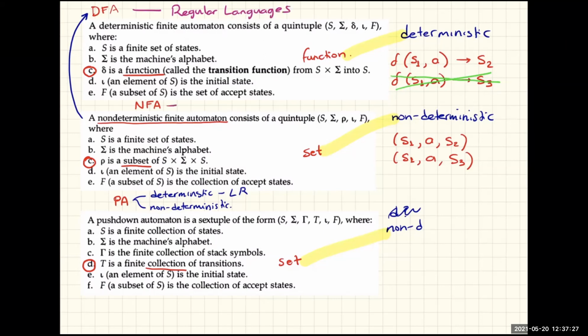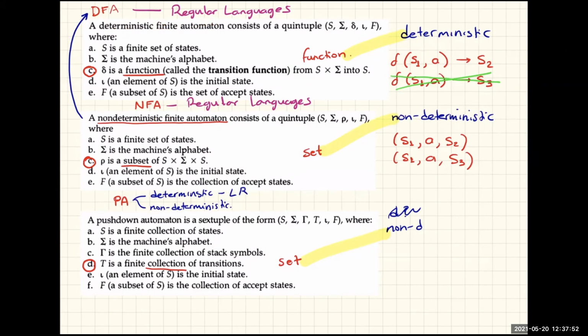NFAs recognize the same regular languages. And therefore, because you can always convert a non-deterministic finite automaton into a deterministic finite automaton, regular languages are deterministic by nature or by definition, which is better.